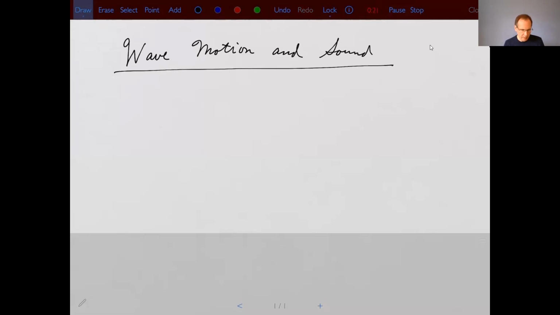And the first thing I want to describe is the mathematical equation for a traveling wave, a wave that propagates or travels.